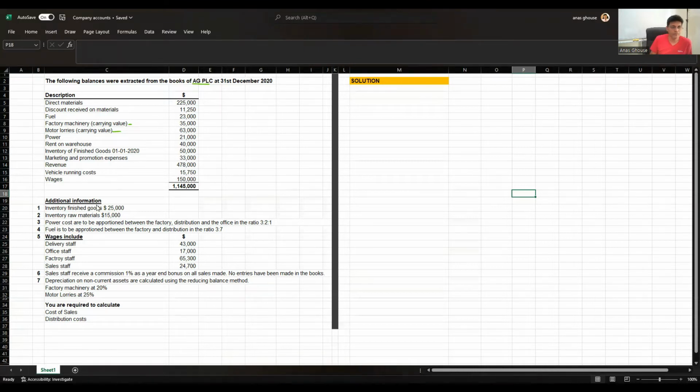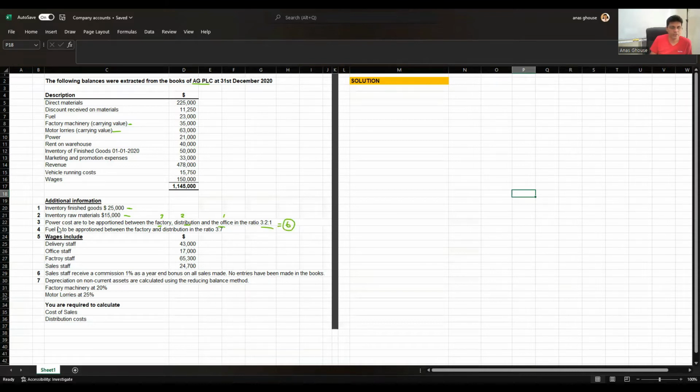And also the additional information is given. Inventory of finished goods, 25,000. This is at the end of the period. Inventory of raw materials, 15,000. And also you are given that power costs are to be apportioned between the factory, distribution, and the office in the ratio of 3:2:1. So the total is 6.